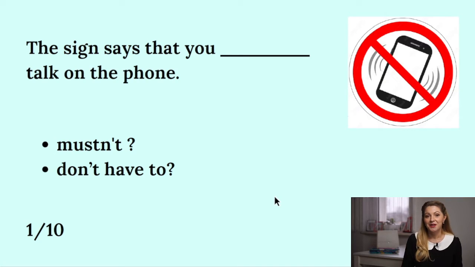Okay, so you will have 10 sentences to choose from. You will have time to, of course, have a look and say your variant. Then I will show you the correct variant and you will have time to repeat it again. So drilling, if you say it out loud, your brain will remember it.